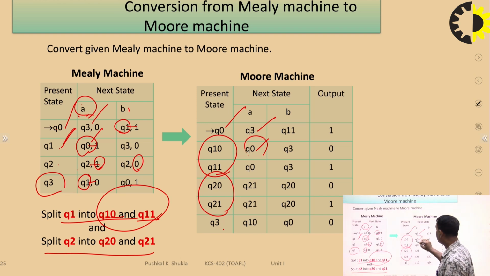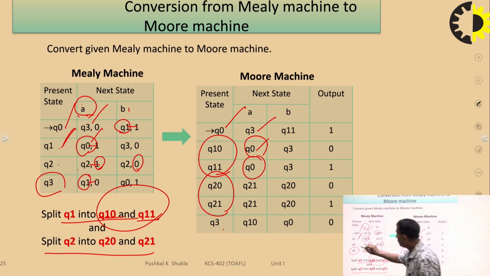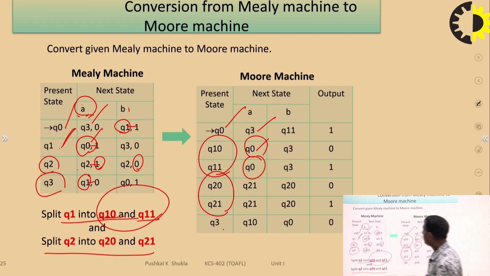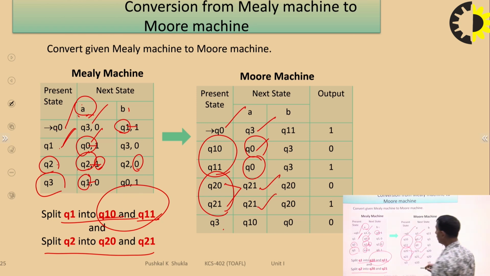So write in both places next state Q0. Again we see Q2 is split into two parts, Q2 0 and Q2 1, and corresponding to Q2, the next state is Q2. And the output associated is 1, so write here Q2 1 and Q2 1.